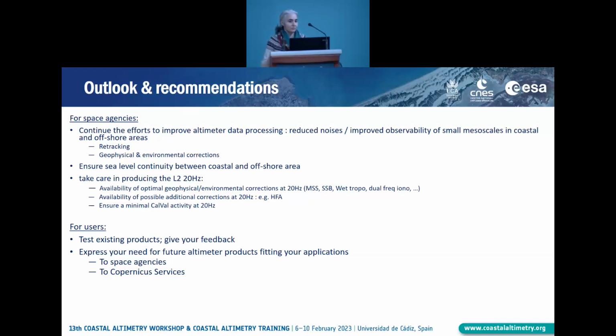So we need a true 20 Hz product with geophysical and environmental corrections available at 20 Hz and not only 1 Hz, especially for some Ka parameters. We would also like to have additional corrections, like the high frequency adjustment correction that contributes to reduce the noise at short wavelengths. So please try to include this correction in the different products.